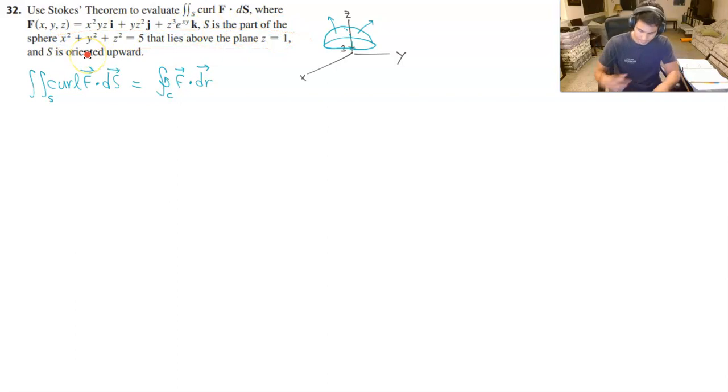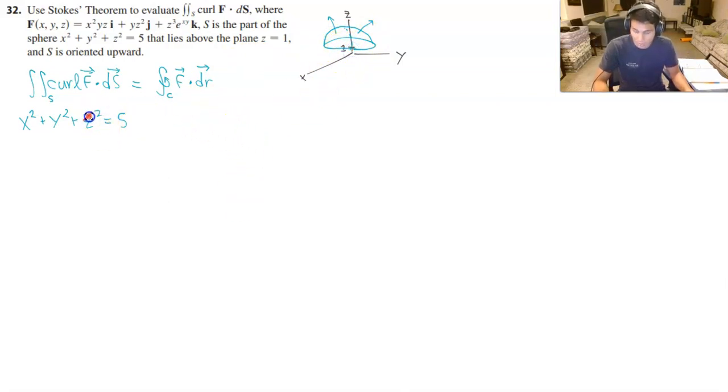What I mean by that is we see that x squared plus y squared plus z squared is equal to 5. But then we see that z is equal to 1. This picture says that if we want to talk about the curve, it is where z is equal to 1.